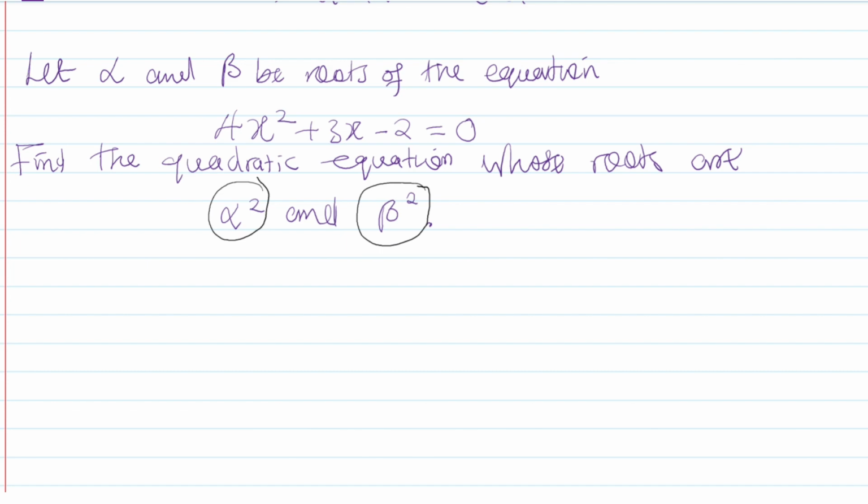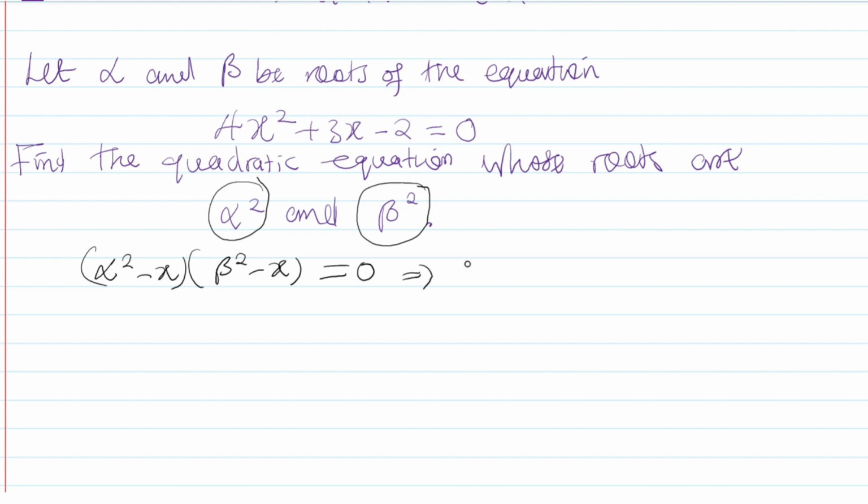We know that if these given terms are roots of a quadratic equation, then (alpha squared minus x)(beta squared minus x) is equal to 0.